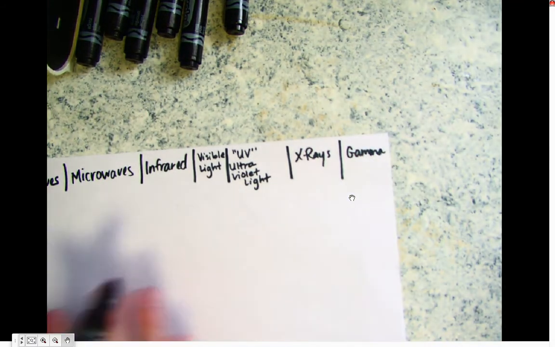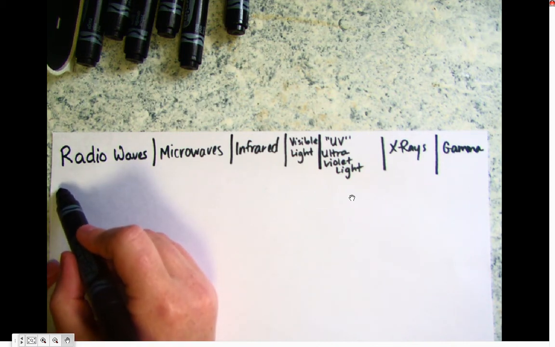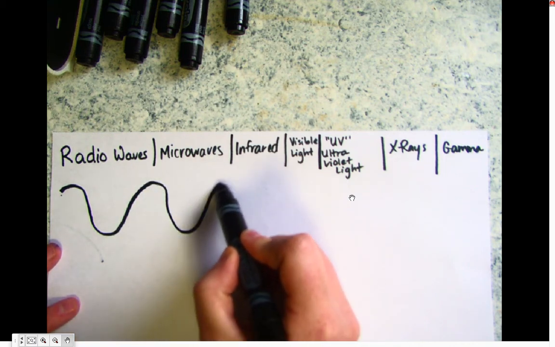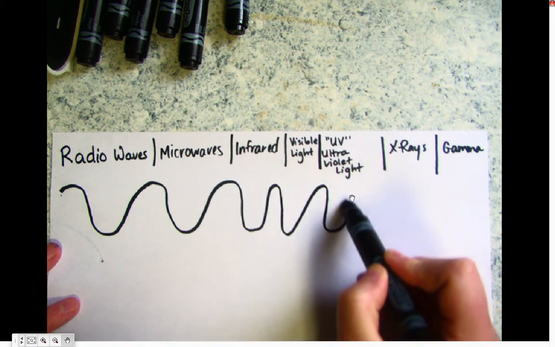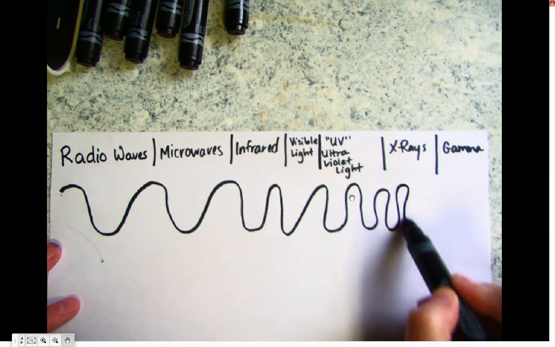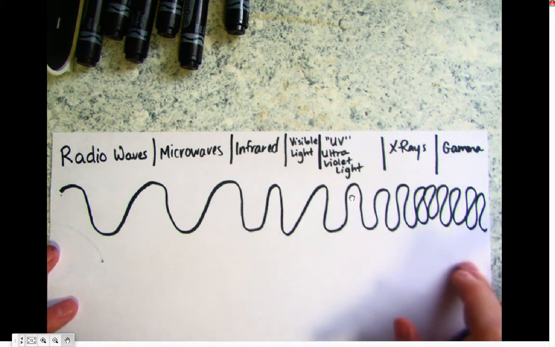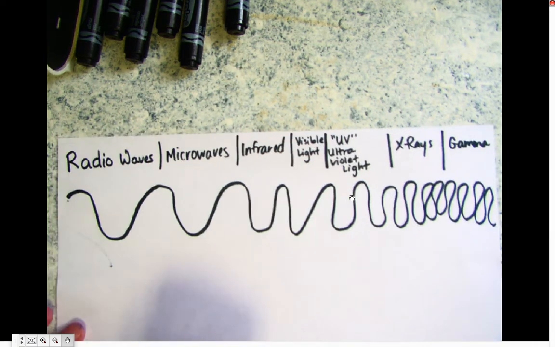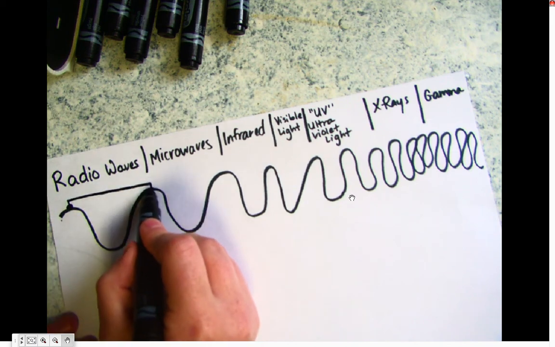And what I mean by that is if we draw our wavelength and our frequency, it's going to look a little bit like this. It's going to start off pretty long, and get shorter, shorter, shorter, and then they're going to start going crazy as we get down here.